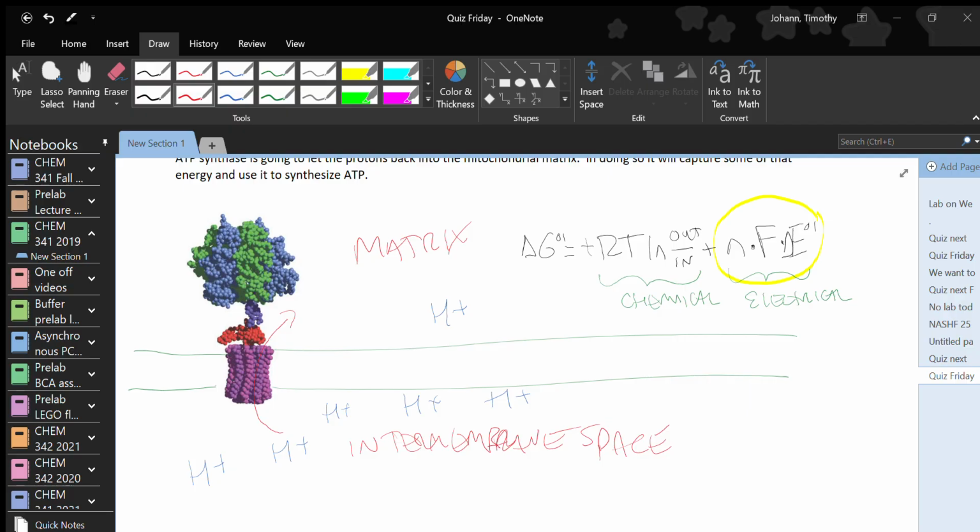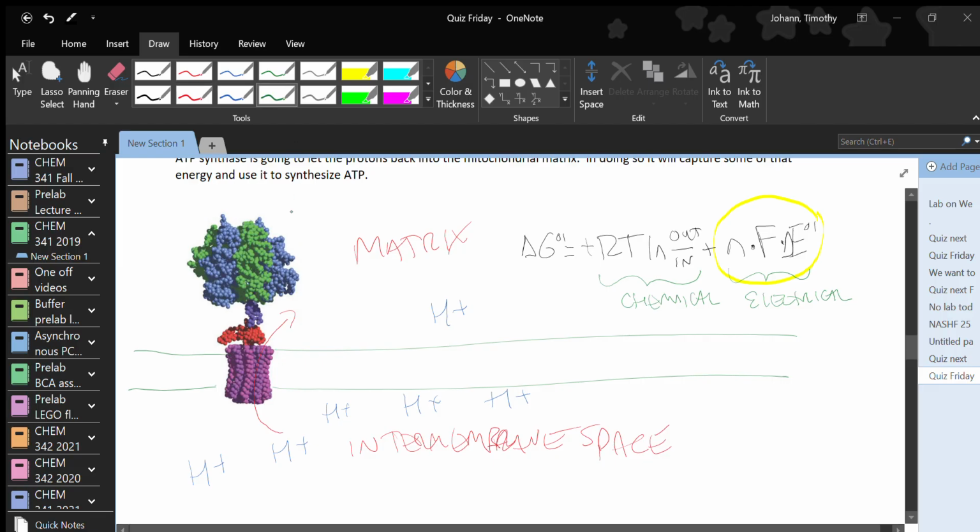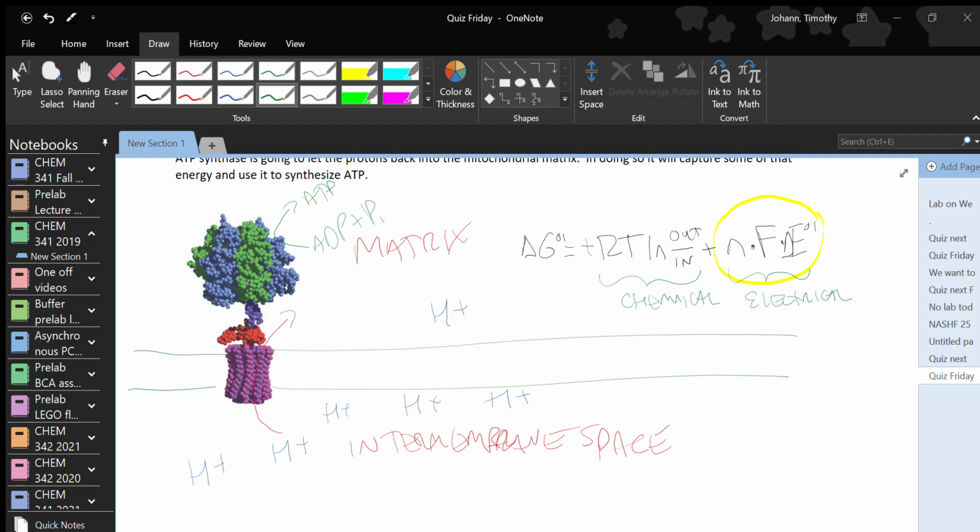So, but let's talk about it more. So it's going to cause this to spin, which is going to cause this to make ATP. Oops, ADP. Okay? All right. I misspoke that. I really care that you know this doesn't spin.